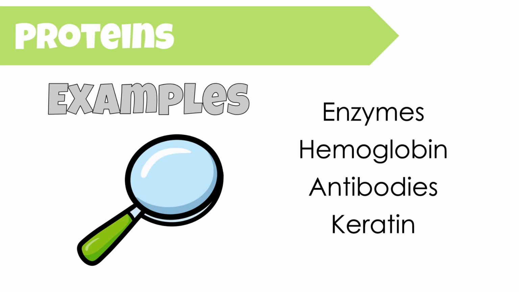We'll talk about antibodies. These are types of proteins that help an immune response. And then keratin might be one that you're familiar with. It's a protein found in skin, hair, and nails. But you'll notice that not all, but some of these proteins end with the letters IN. So that's also a good indicator that you're looking at a protein.